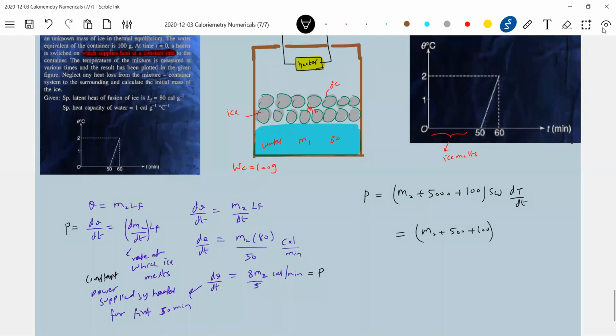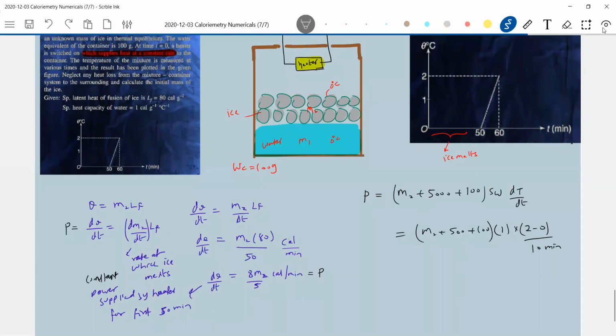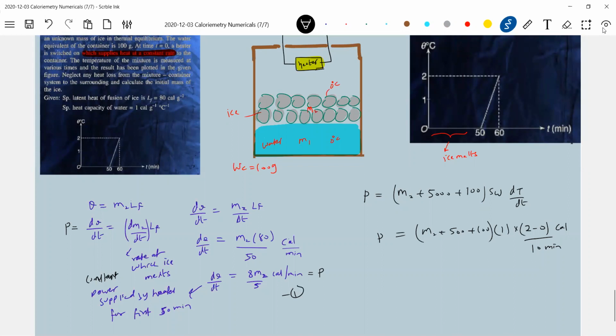Specific heat of water is 1 calorie per gram per degree, so that will be 1. What is the change in temperature? 2 minus 0. What is the time interval? 10 minutes. Same calorie per minute. So there is equation 1, equation 2. Same power, constant, so I'm going to equate them.